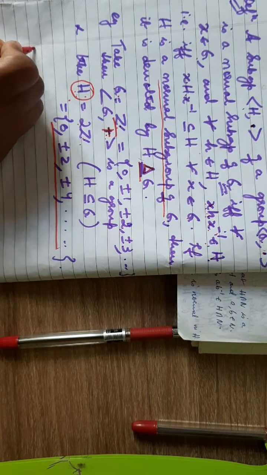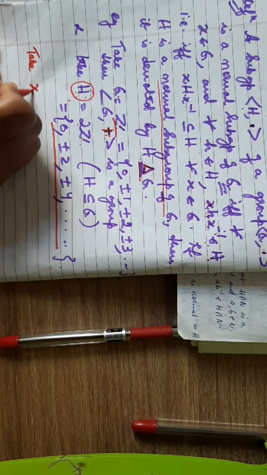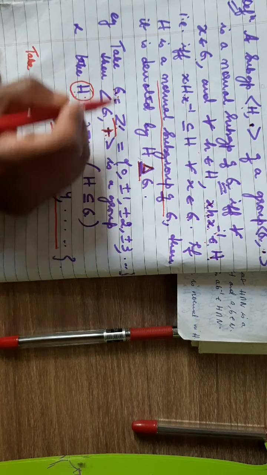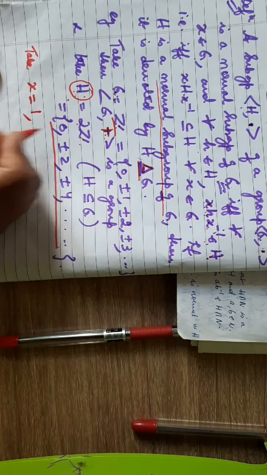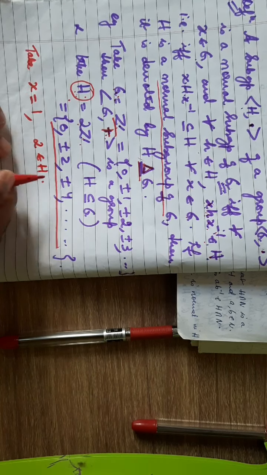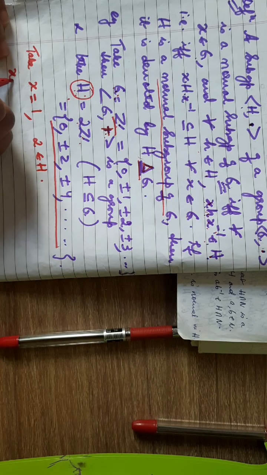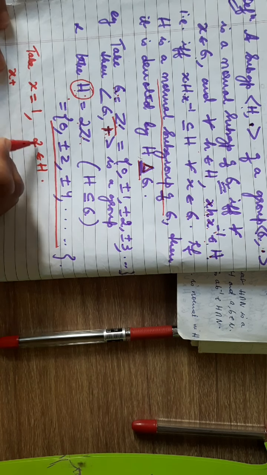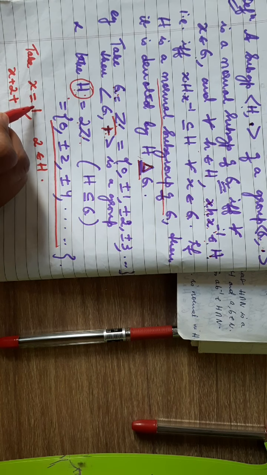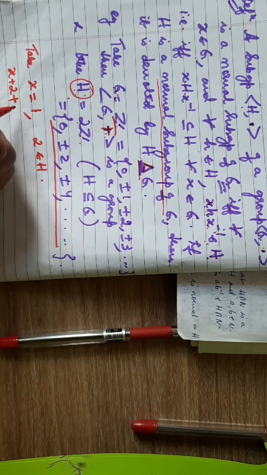So, for example, let me take x to be an element of G, say 1, and then take 2 to be an element of H. Now what is x plus h plus the inverse of x? The inverse of 1 is minus 1.